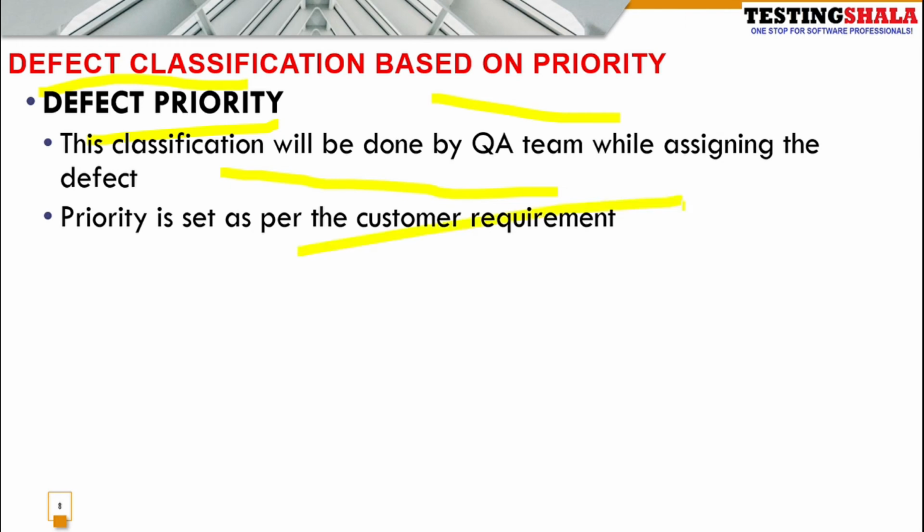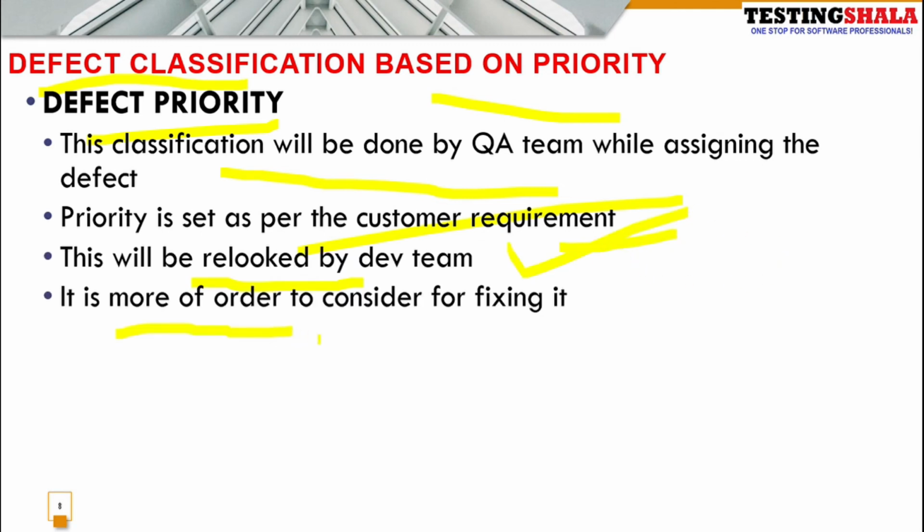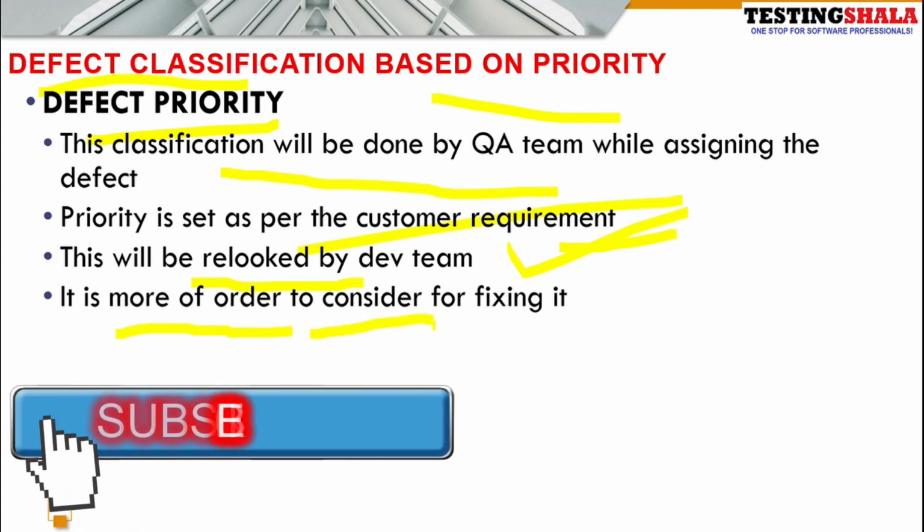But that priority will be revalidated by the development team. Based on that, developers will reclassify the defects and plan to fix them appropriately. So this is all about defect priority.